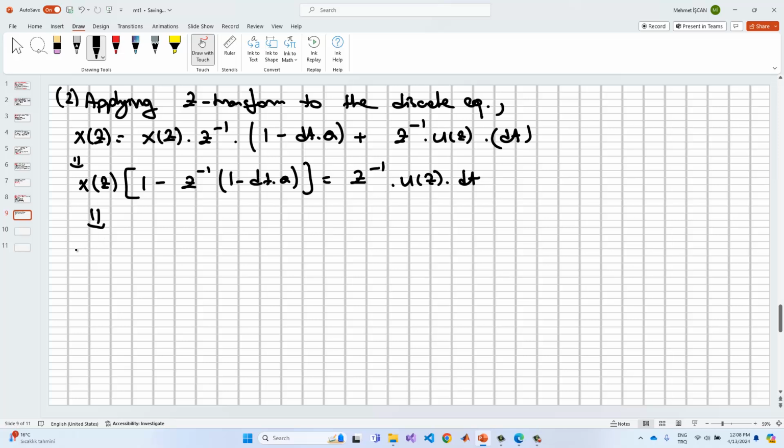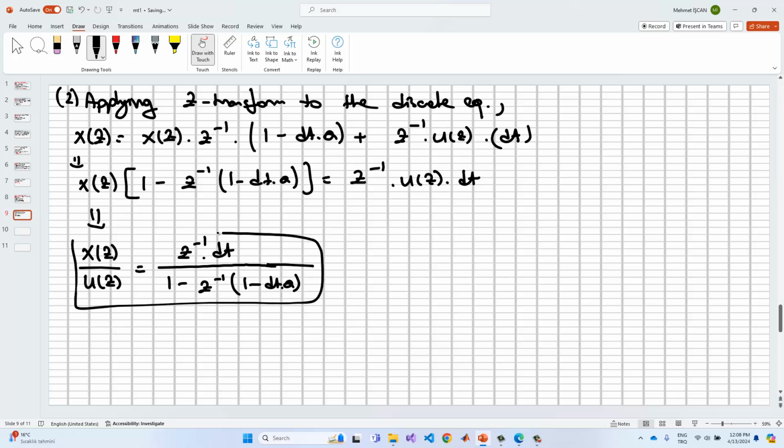And so we have the pulse transfer function in here, X(z)/U(z) equals z^(-1) dt over 1 minus z^(-1)(1 minus dt a). Okay. This is the general solution, or the Z transform of the equation. Okay. We can solve it using the time domain information or the discrete equation.